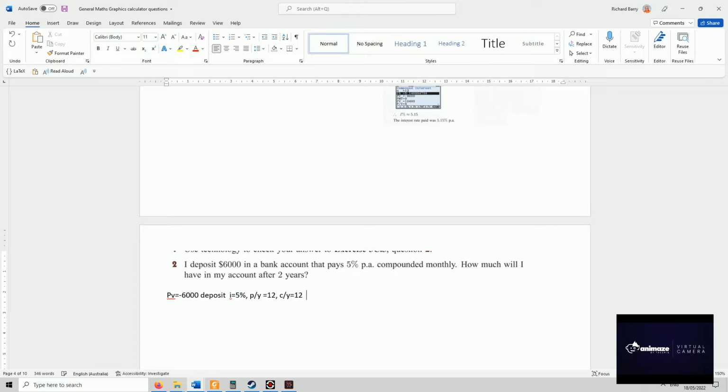What haven't I used yet? Number N. Are we all clear that it's going to equal the number of compounds, not payments, equals 2 years monthly. Everybody should say 24.